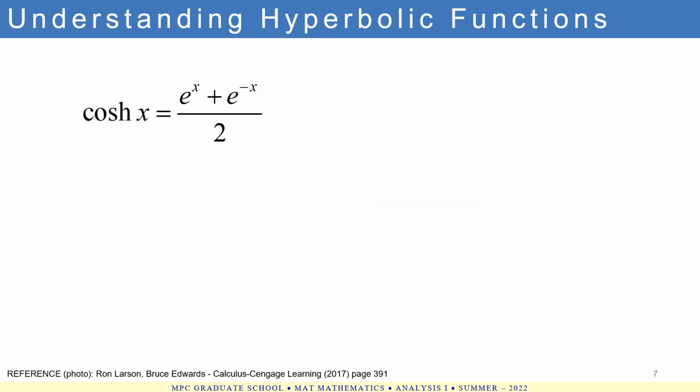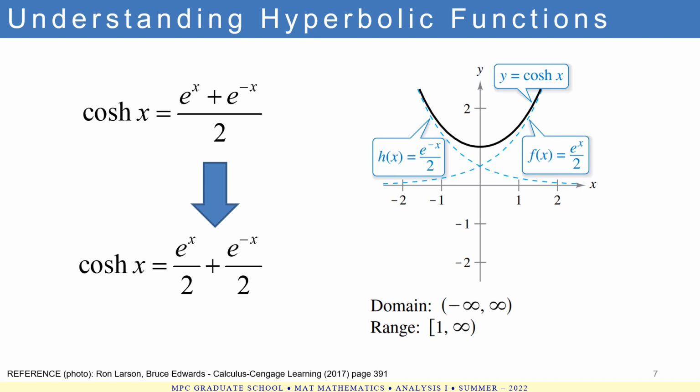Next is the hyperbolic cosine of x. That will be the same as hyperbolic sine. As you can see, the operation used here just switched from subtraction to addition. That means that the part of the hyperbola that was below the x-axis is now above it. And if we add up these curves, we get hyperbolic cosine. Hyperbolic cosine has a domain of all real numbers, but the range will be from 1 to positive infinity.